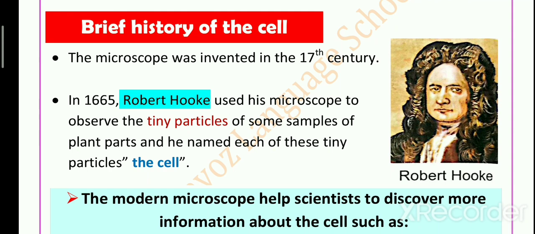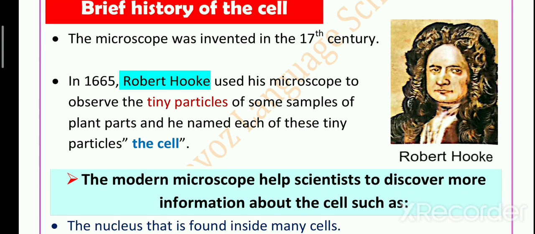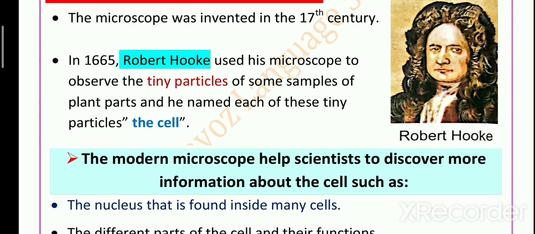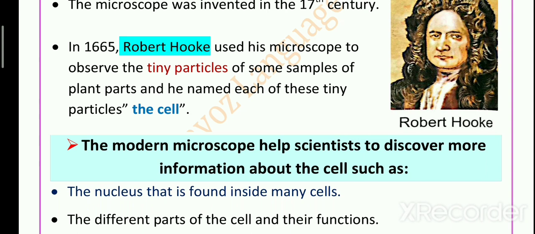Okay, we want to talk about the history of the cell. At first, we want to know the microscope was invented in the 17th century, and in 1665 the scientist Robert Hooke used a microscope.